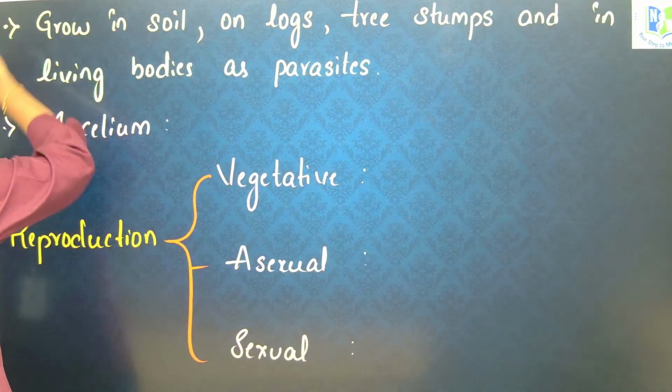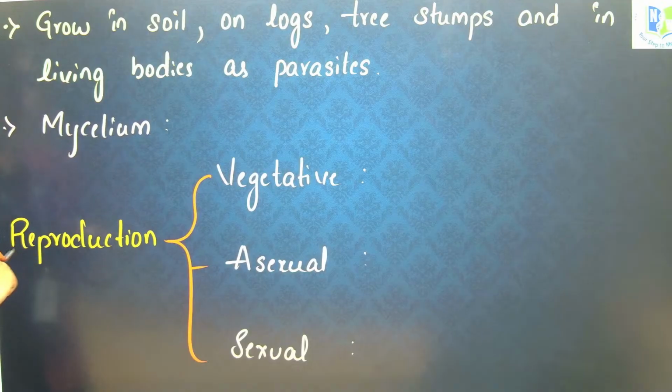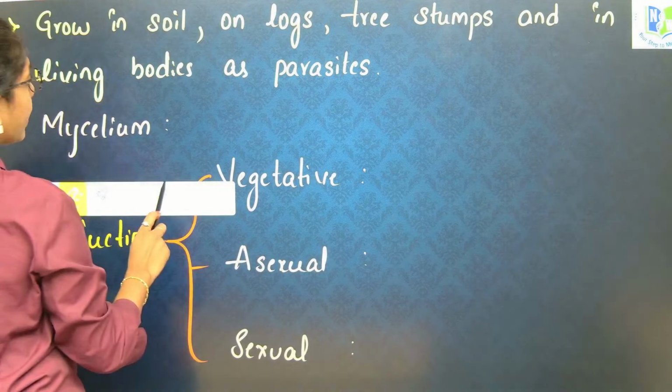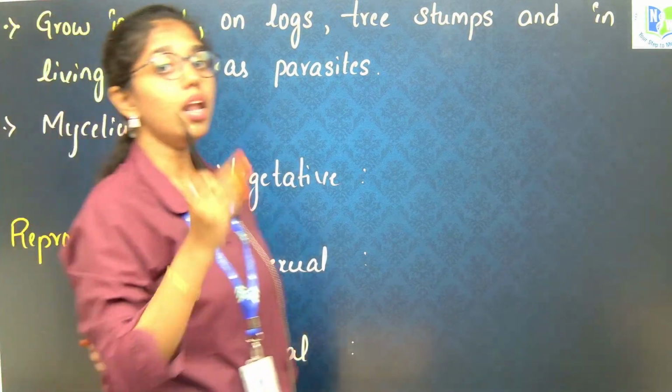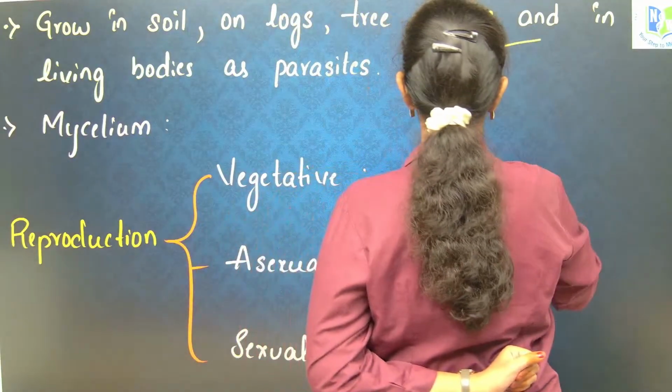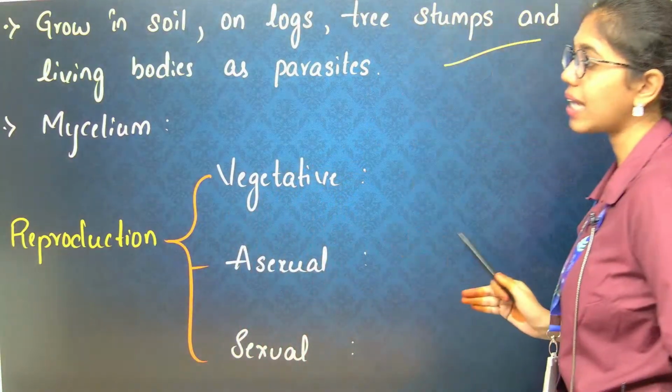They grow in soil, on logs, on tree stumps and in living bodies as parasites.